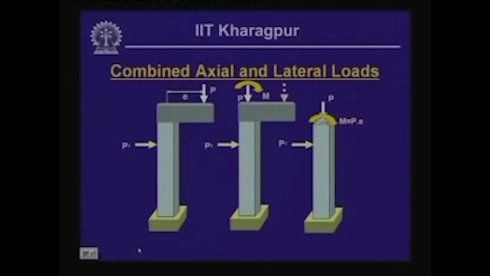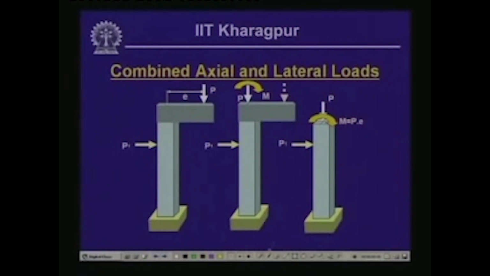Well, now let us look into a case where we get a combined loading form, wherein we have a vertical member which is fixed at the base, and at the top we have a rigid bar on which a load P is acting, which is eccentric with respect to the center line or the CG of this vertical member.